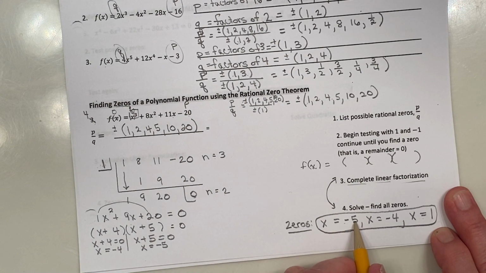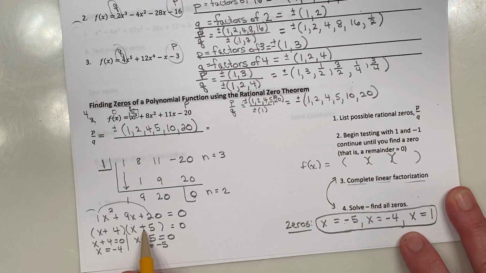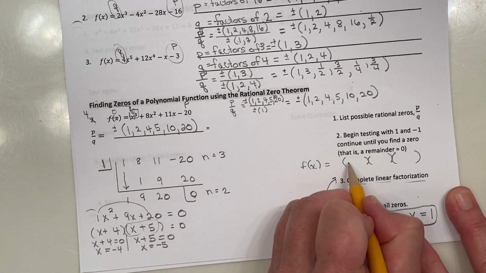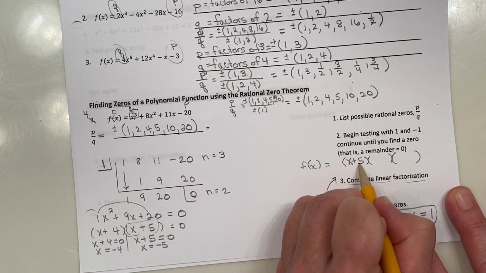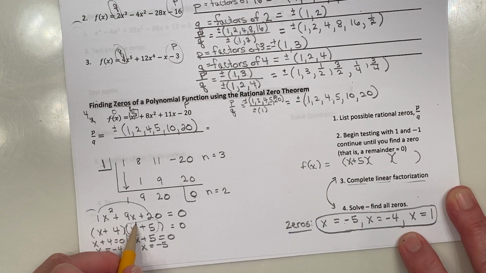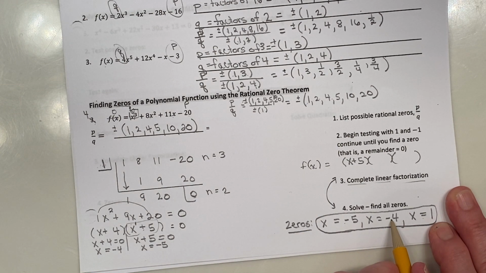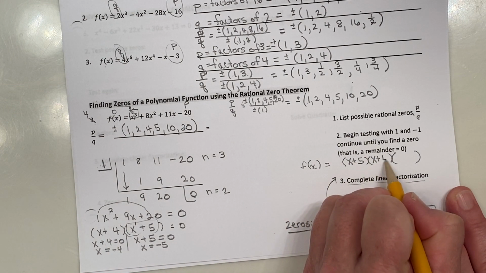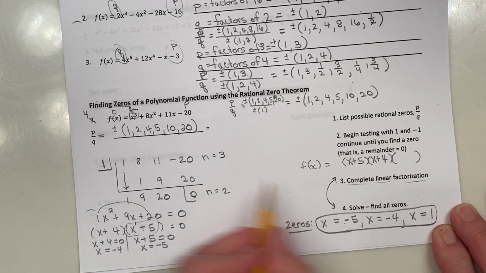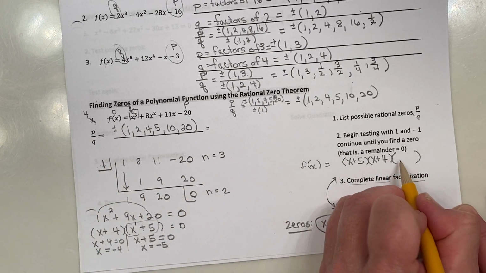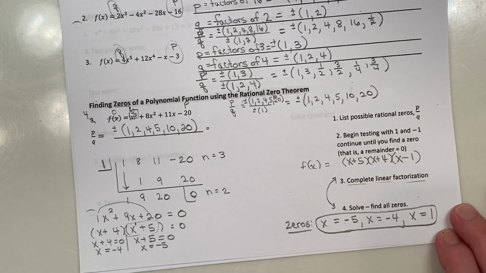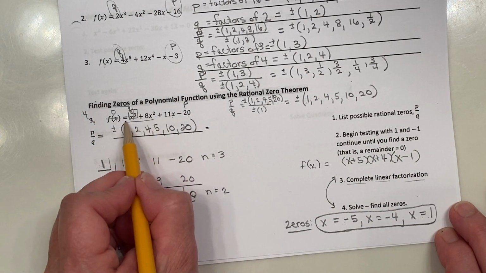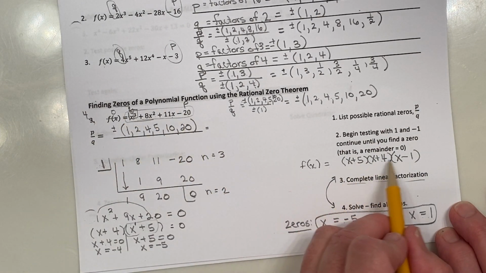If x equals -5 is a 0, remember it came from the linear factor x plus 5. Linear because the highest exponent is 1. X equals -4 came from the factor of x plus 4. And x equals 1 right here would come from a factor of x minus 1. So I could factor this cubic into these 3 linear factors.